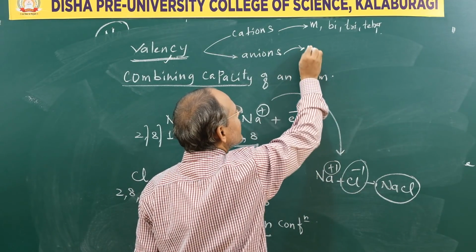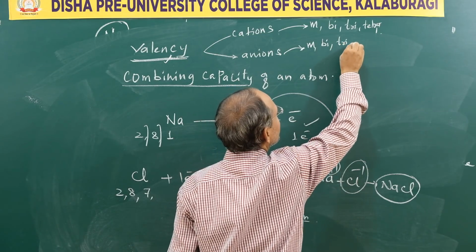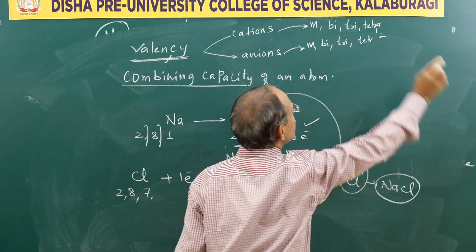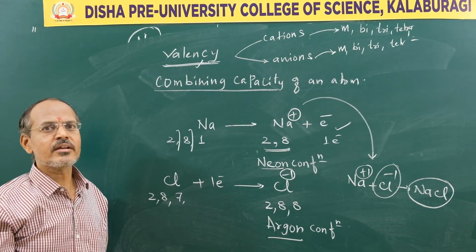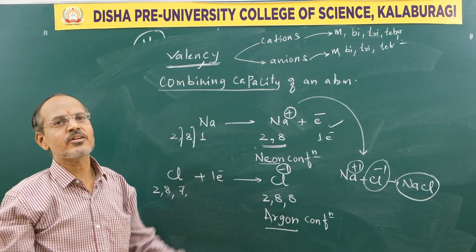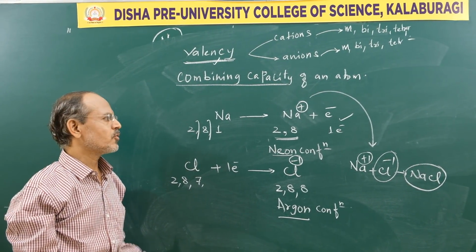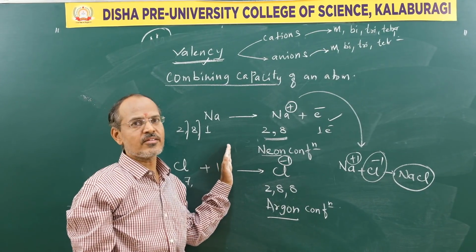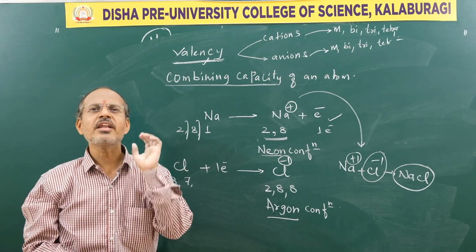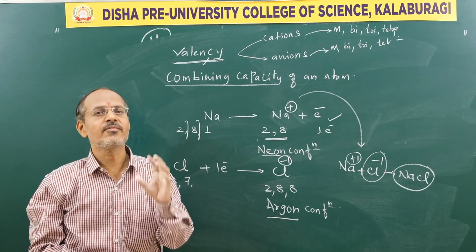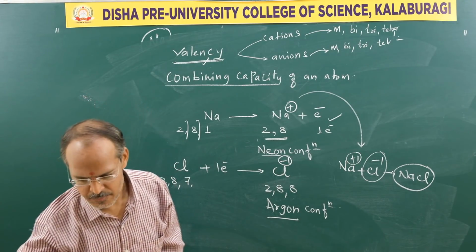Anions are also classified into monovalent, bivalent, trivalent, tetravalent, like that. Now we'll see a chart to get the picture related to this valency concept. So that is about the valency point. Now I will show you some common examples, their valency and how to write the formula as well.